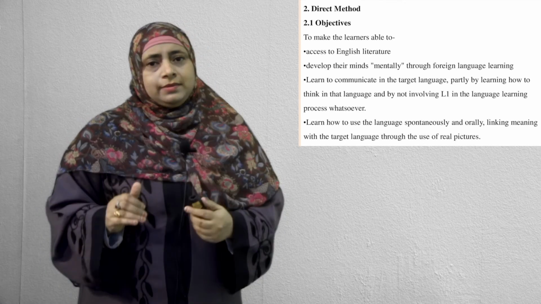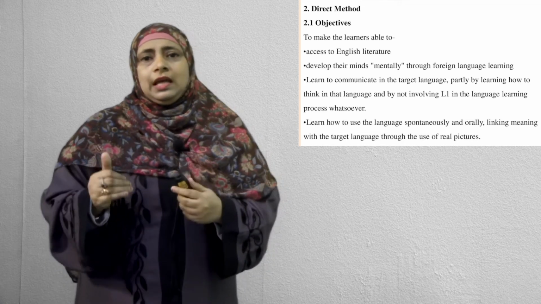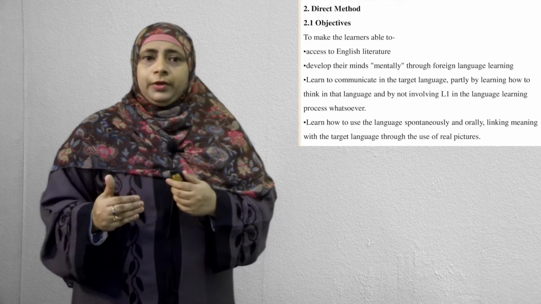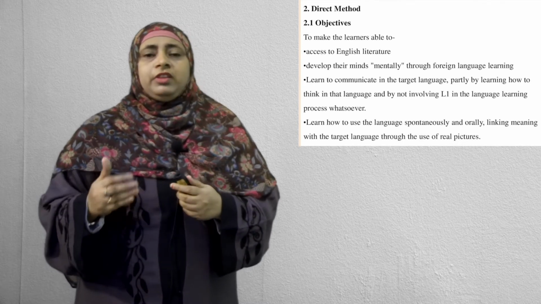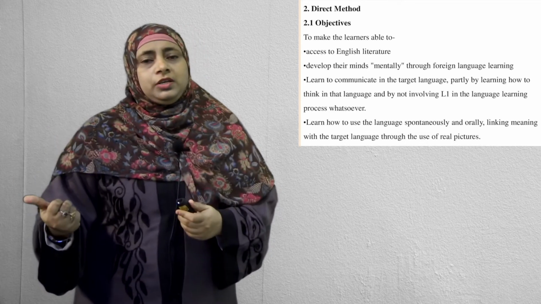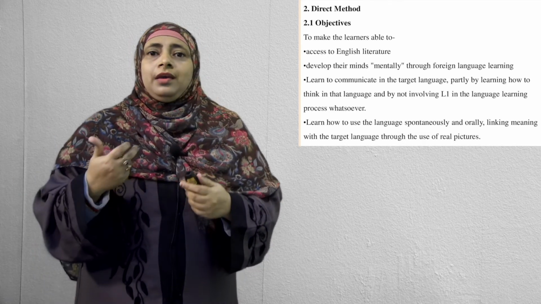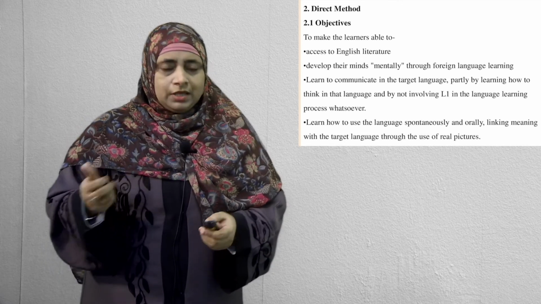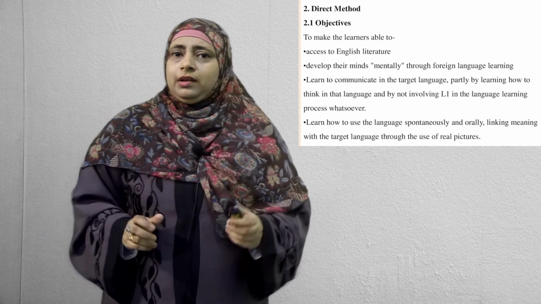And it also helps the learners to use the language orally. So speaking ability is developed here without using the mother tongue, with the usage of pictures or demonstrations or through creating situations. The speaking ability is developed by giving opportunities to the students. So these are the main objectives of the direct method.